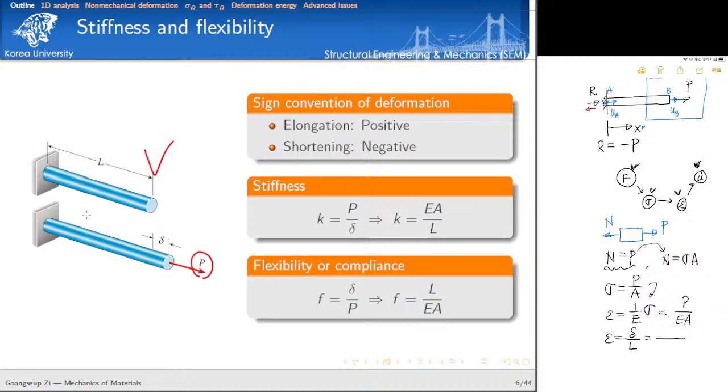Option 1: we subtract UA from UB. Option 2: UA minus UB. Which one is correct? This is option 1. This is option 2. Which one is correct? Please give me your opinion in the chatting window.